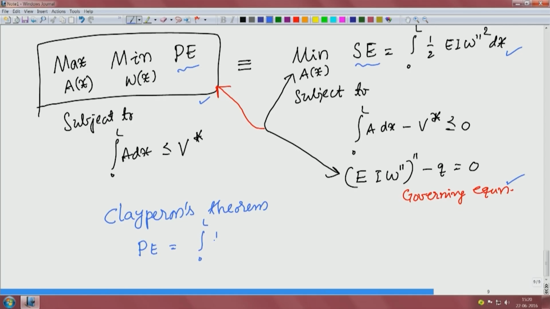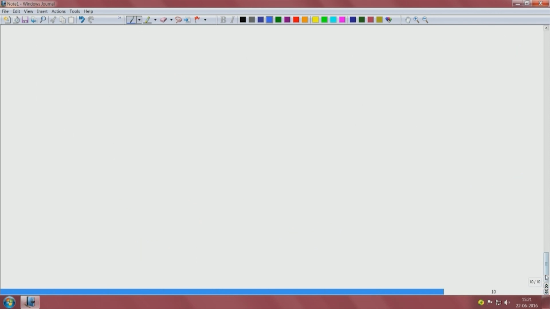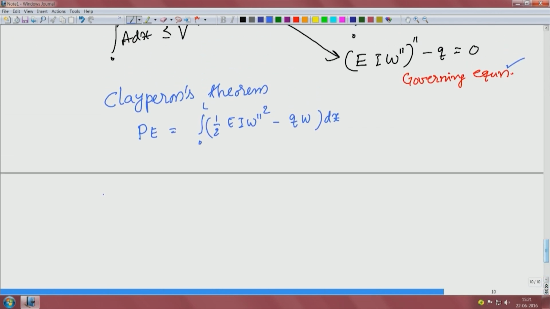Okay. So, Clapeyron's theorem, where we have potential energy, let us take it for a beam, 0 to L half E I W double prime square minus, there is a loading Q, minus W dx. This is a work potential, negative of the work done by external forces. Now, when we take the variation of potential energy with respect to W, that gives us the equilibrium equation, right.